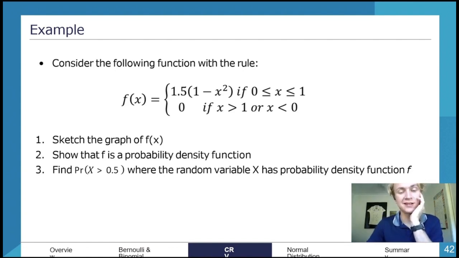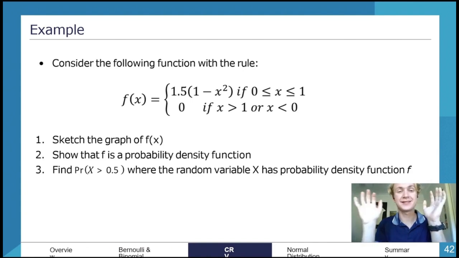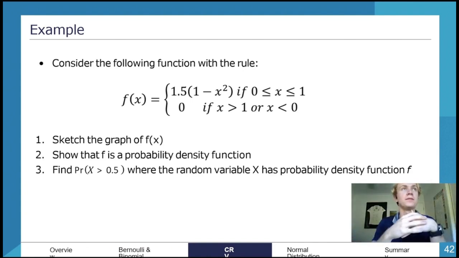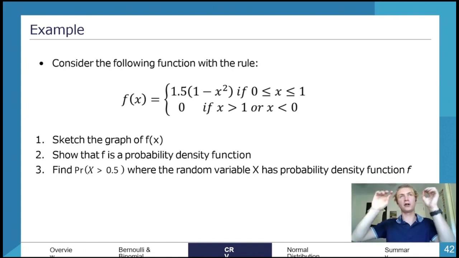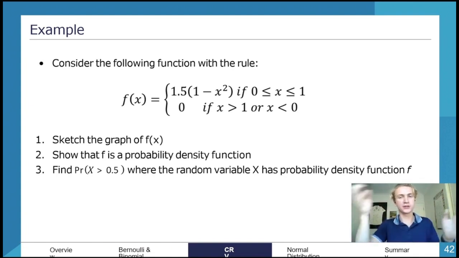So consider the following function, and you'll note this probability density function is, I can't remember the word, it's actually frustrating me, where you've got two different functions that determine it. It's not just one single clean function. We've got a piecewise function. What you learn in year 11 is applying here.